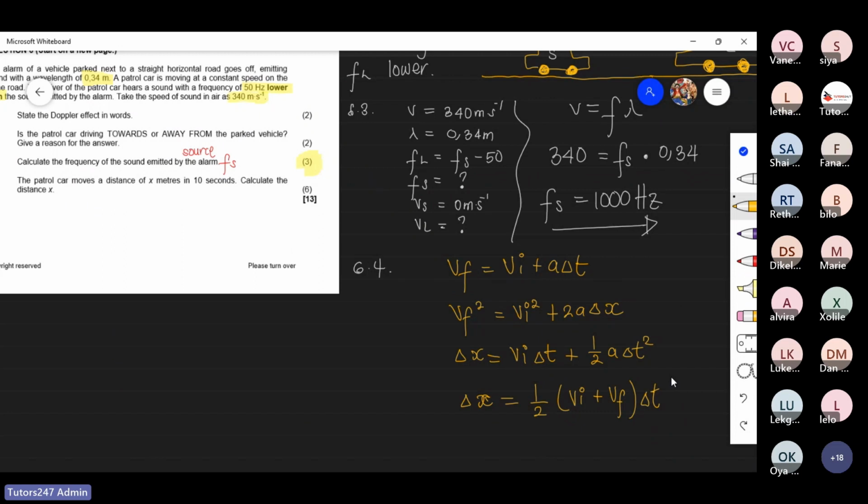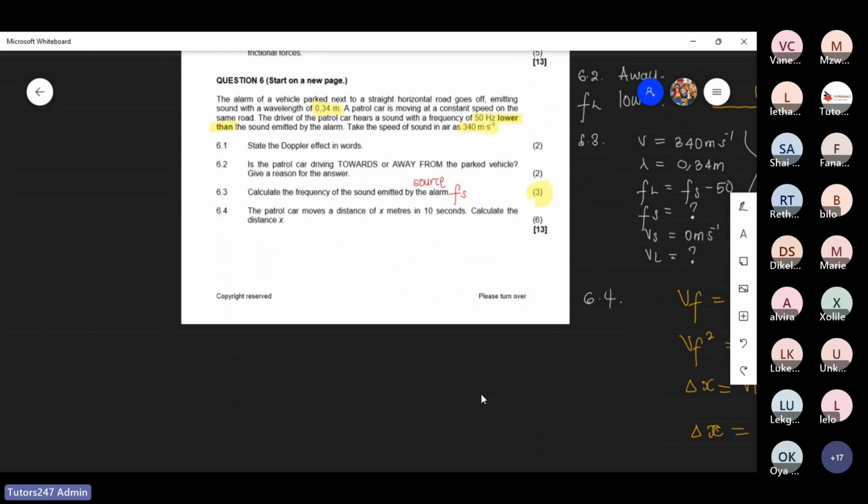Now let us investigate which equation we are going to use. Before we try to determine that, let us take a step back and read our question once more to make sure we understand what is said and what variables we have. The question states, the alarm of a vehicle parked next to a straight horizontal road goes off, emitting sound with a wavelength of 0.34 meters.